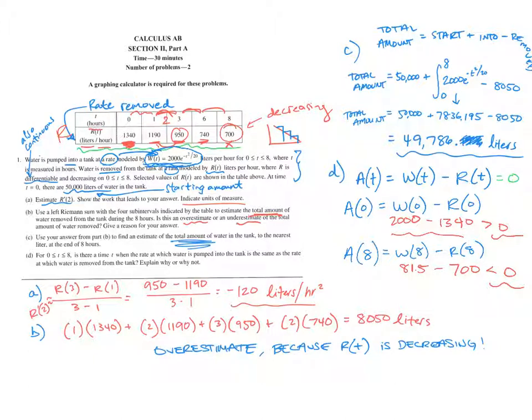So class, if A(0) is greater than 0 and A(8) is less than 0, do you think there's going to be some place between 0 and 8 where we have a 0? Why do you think that?